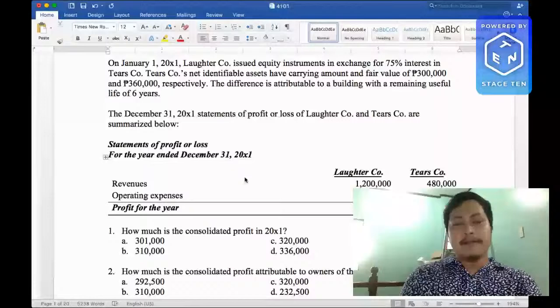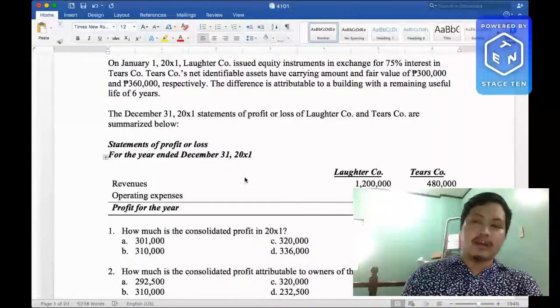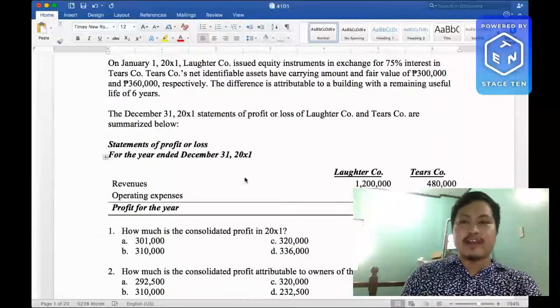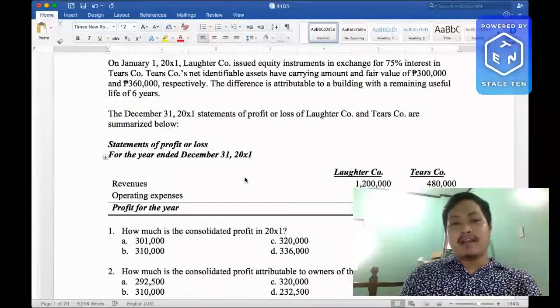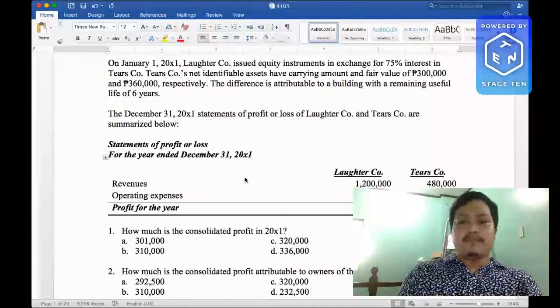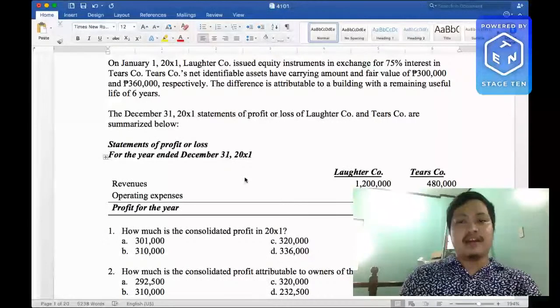No doubt, in preparing your consolidated income statement, we will follow the viewpoint of the consolidated entity. But if we rely on the income statement of the subsidiary, class, you should understand that it is based on the carrying amount.